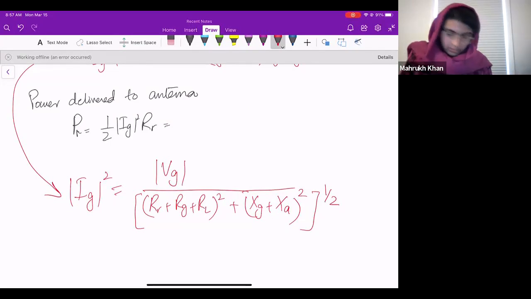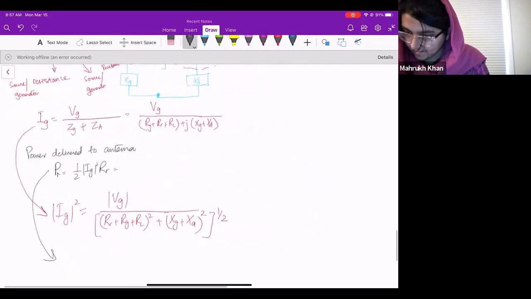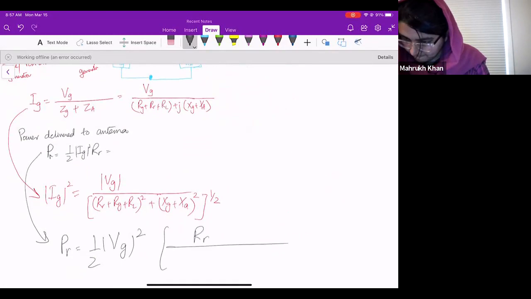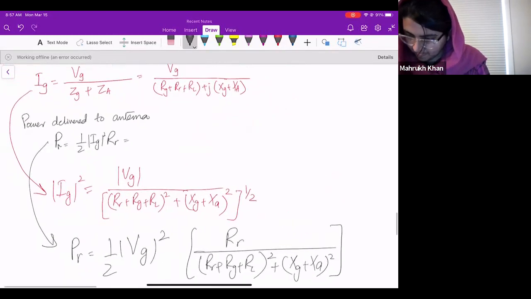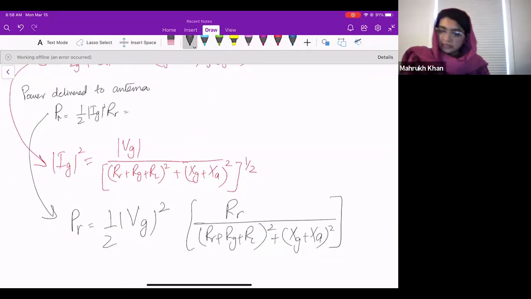So when I write it here, it will become... so that is the radiation, like the power delivered to the antenna.